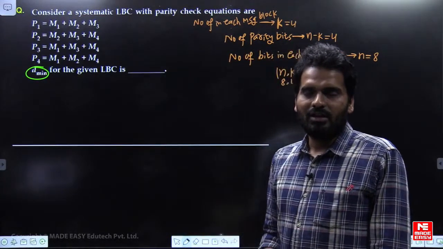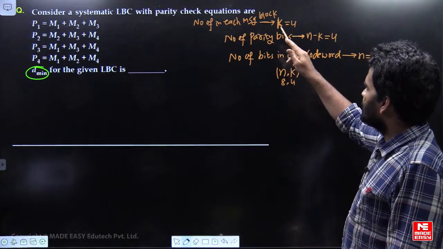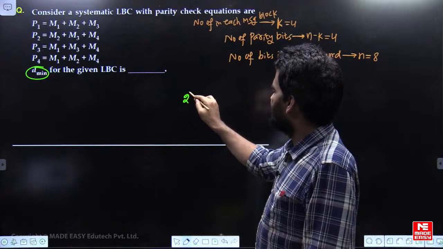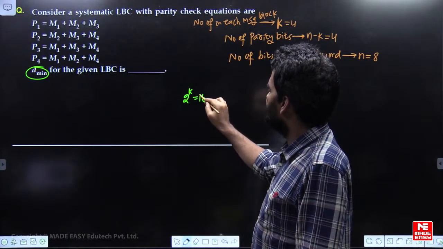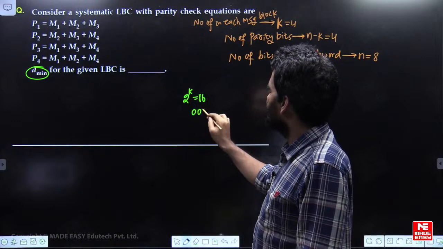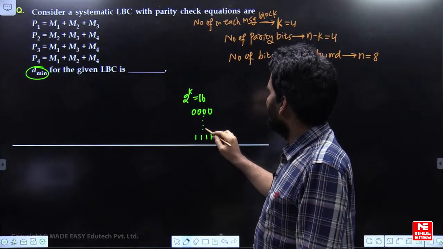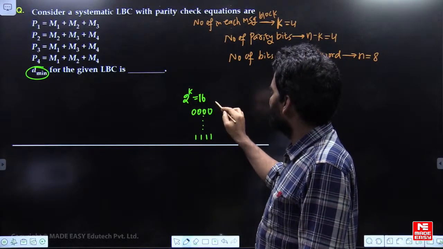How many code words can we expect? 16 different code words we expect, because each message block has k bits in it. How many distinct message blocks are possible? 2 power k, 2 power 4, that is 16 different message blocks possible, 0000 to 1111, and for every one of these 16 message blocks we have to get the corresponding code words.